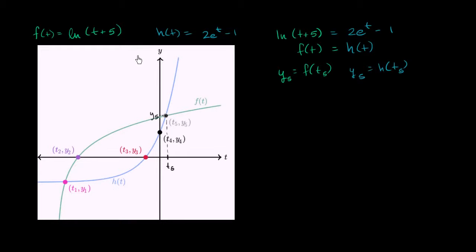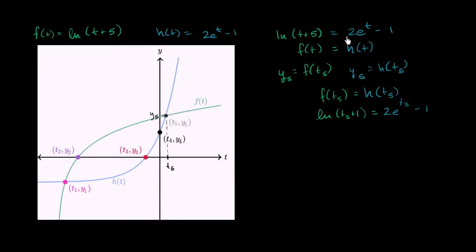Or you could say that f of t sub 5 is equal to h of t sub 5. And I'm just writing it in a lot of different ways so that you get the idea. And this is the same thing as saying, of course, that the natural log of t sub 5 plus 5 is equal to 2e to the t sub 5 minus 1.